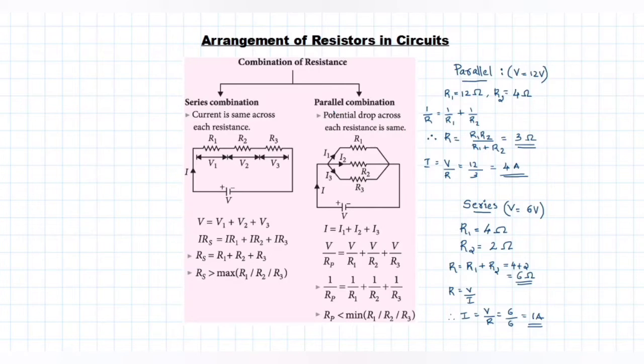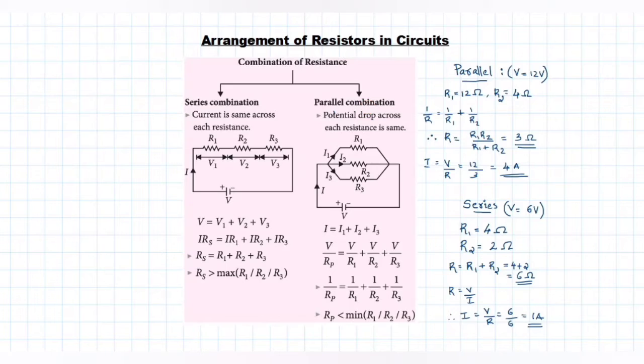So what will be the potential difference across R1? That will be V. What will be the potential difference across R2? That is also the same, capital V. And what will be the potential difference across R3? That is also V. So the potential drop across each resistance is the same in parallel combination.